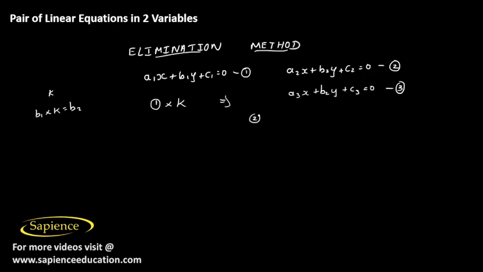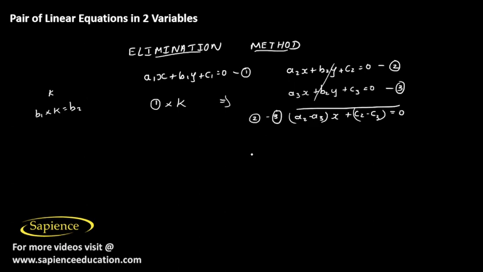Now if we subtract these two equations, we will get a2 minus a3 into x, and this term will be eliminated, plus c2 minus c3. So since the y term is eliminated, we can easily find the value of x, and after that we will substitute the value of x in any one equation to get the value of y also.